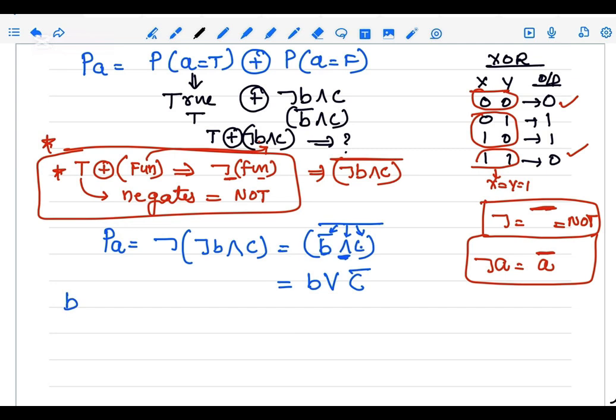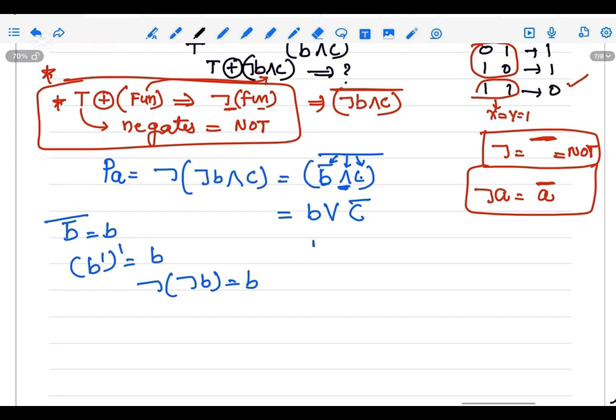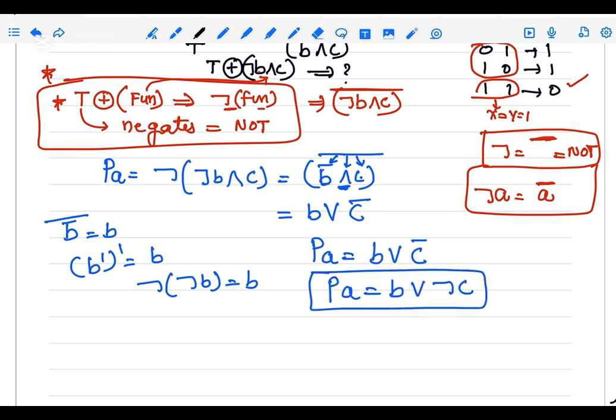So B complement whole complement equals B. So that is negation of B equals B. Okay. So that is P of A equals B or C complement, or we can write P of A equals B or C with a bar. Maybe in this degree they are writing negation like this. Okay, you can follow this one.